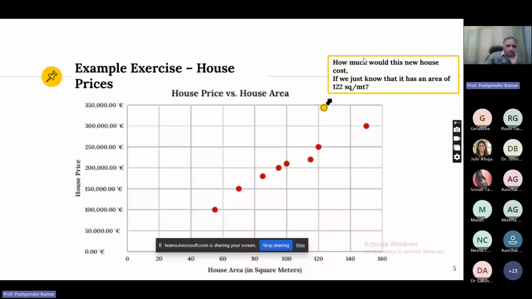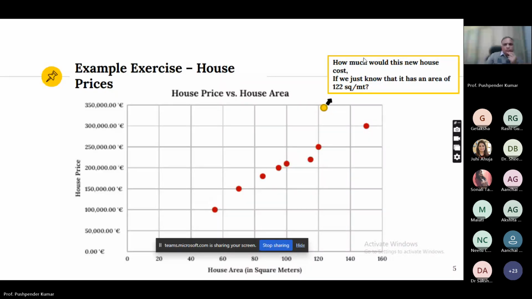So here you see, how much would this new house cost if we just know that it has an area of 122 square meter? How do I know that? Accurately, can I predict that cost or price of a house?